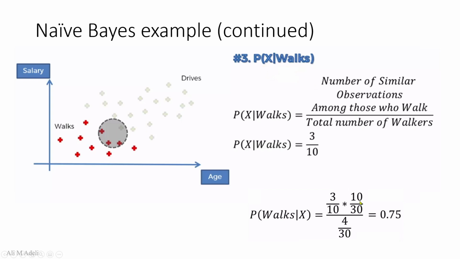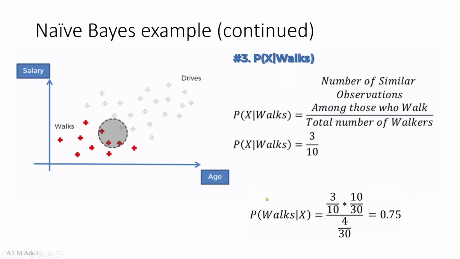I calculated the probability of walking, the prior, and that was 10 divided by 30, and I had this marginal likelihood of 4 divided by 30 from the previous step. Now I can calculate the probability of being a walker given the observations I have about this person.